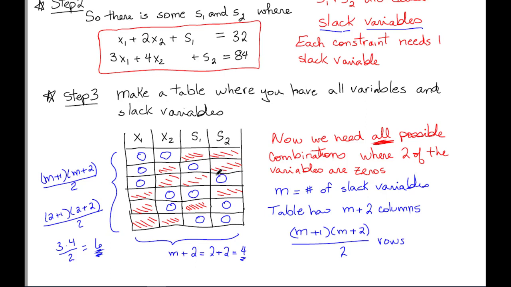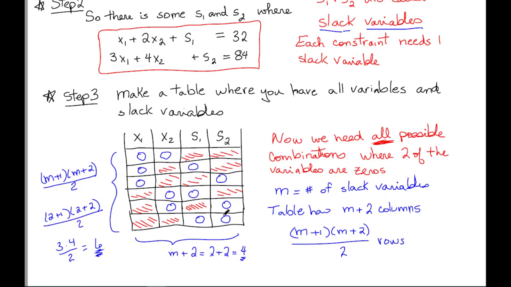That means I picked all the combinations where x1 was 0 and then everything else could be 0. Then I go to x2. x2 is 0 and then s1 is 0. Well, x2 could be 0 and s2 is 0. And finally, the only other possibility is S1 and S2 is 0. I have to list in this table all possibilities where two of the variables are 0.